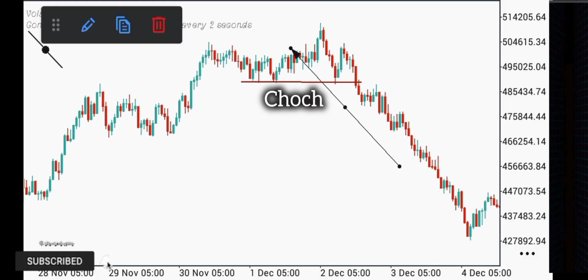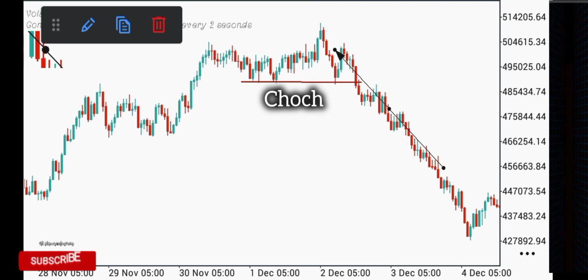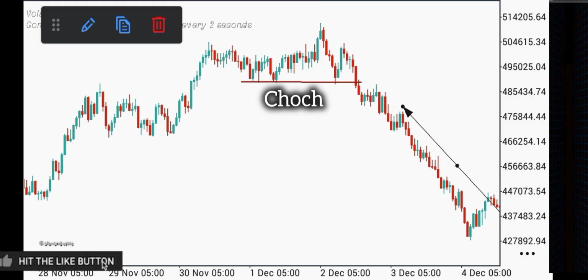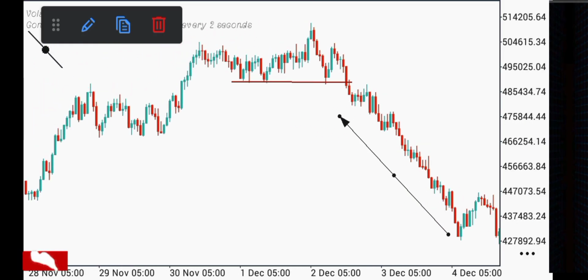This is where price broke structure. Price was moving in a series of higher highs, higher lows, and price gave us a higher high and failed to give us a higher low. Rather, price broke structure and gave us a lower low with a lower high, a lower low, and a lower high. Then price started moving to the downside. So this is a valid change of character.